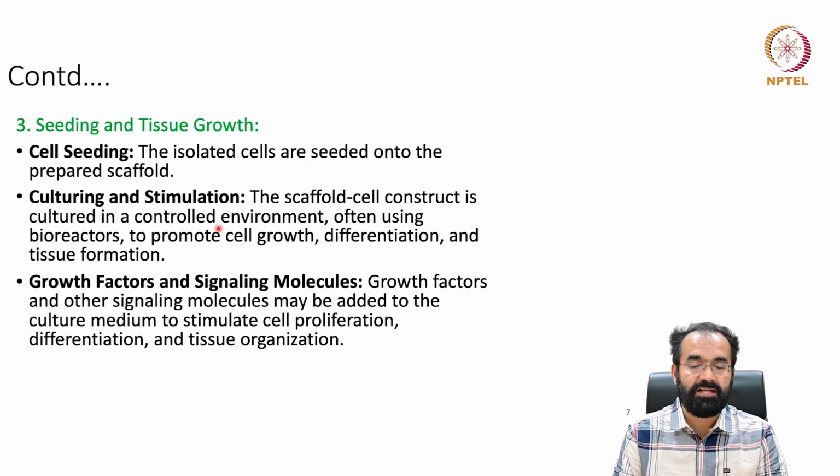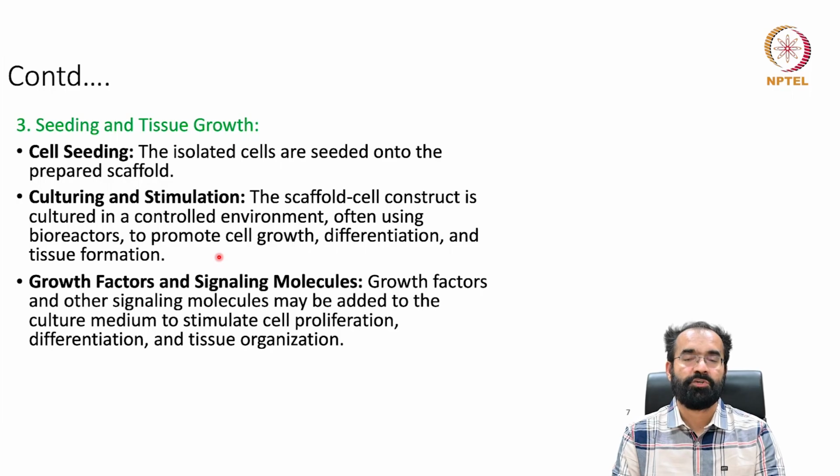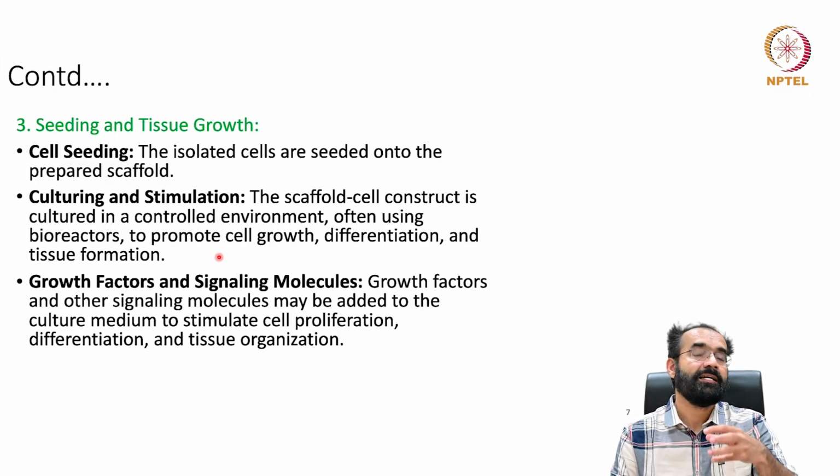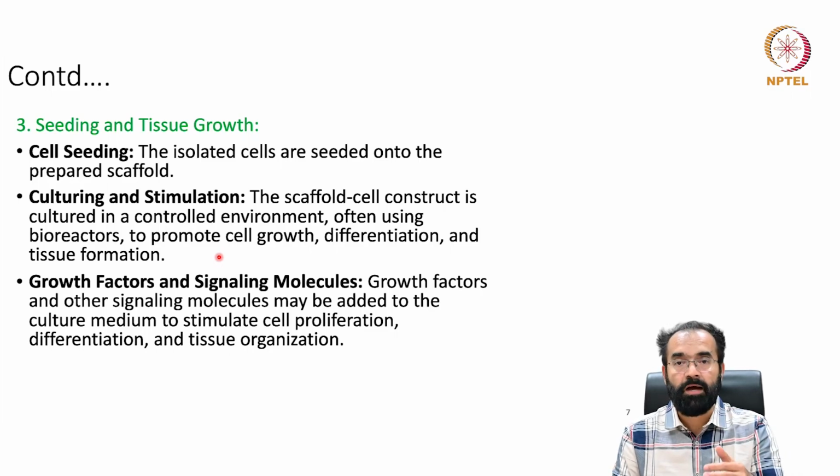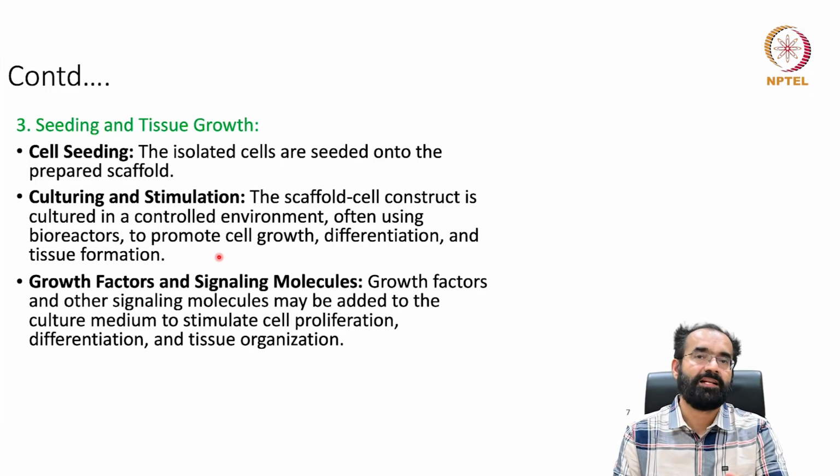The scaffold cell construct is cultured in a controlled environment, often using so-called bioreactors to promote cell growth, differentiation, and tissue formation. So you are stimulating the cultured cells on a scaffold now to differentiate, again by controlling the medium. You change the contents of the medium, say C2C12 cells, myoblast cells.